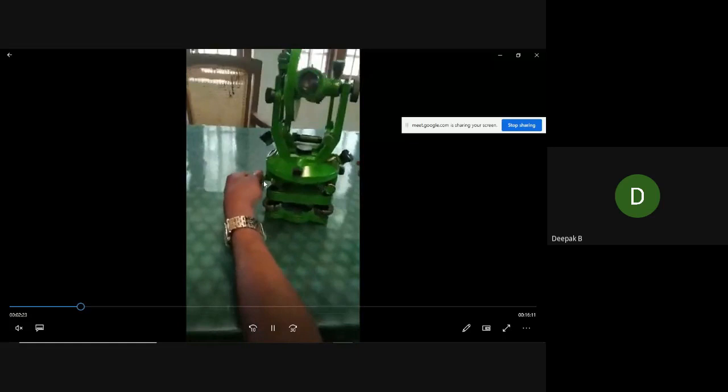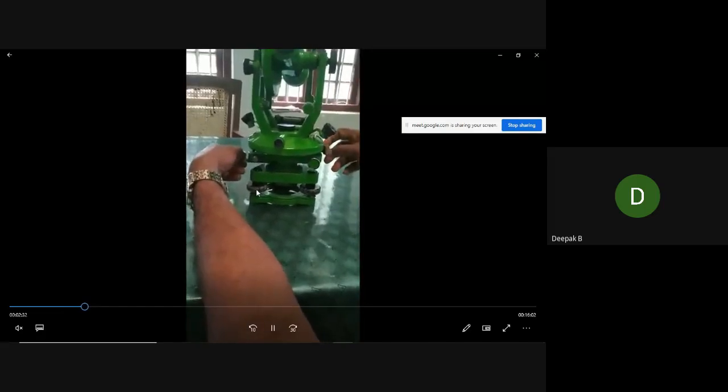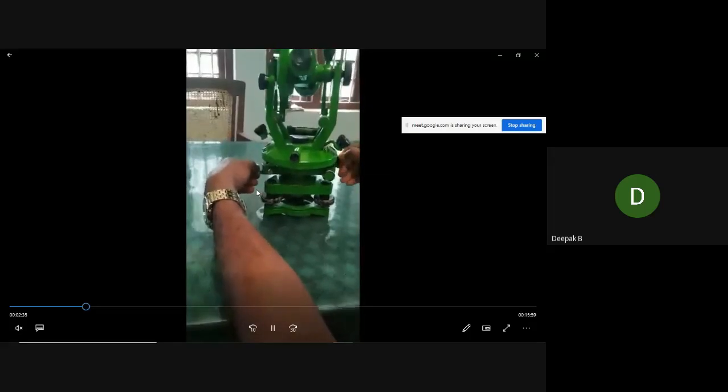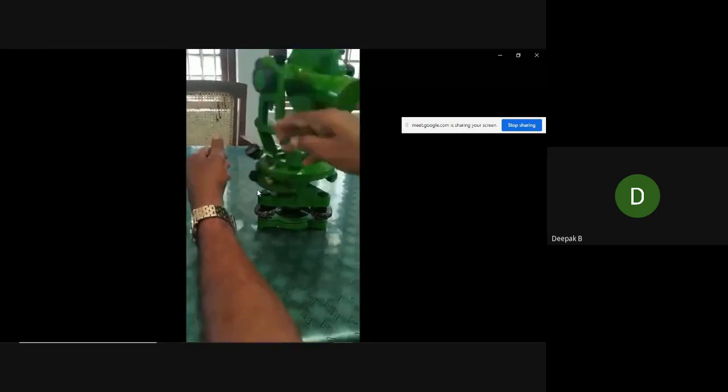And he's fixing the upper plate screw now, which means that it will be fixed. And let's see what he does. Yeah, this is the screw for the upper plate. So he has fixed the upper plate screw, and he is now working with the lower plate screw. See this. Now he is rotating the instrument from the lower plate itself.